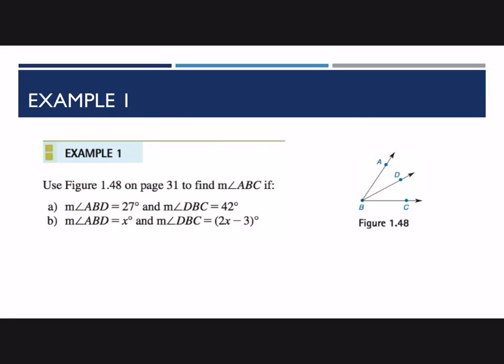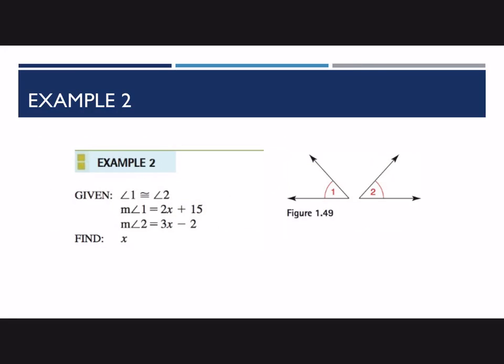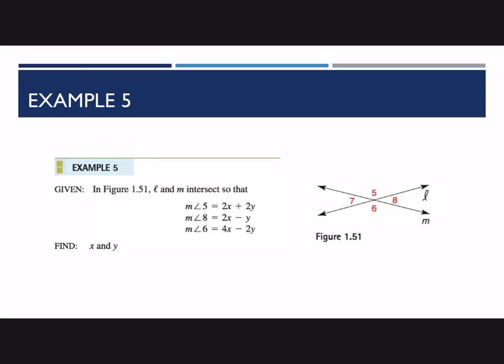And then there are some examples in the textbook. I won't go through all of these. You can read through the steps yourself, but these deal with algebraic problems based on these angle relationships. The setup for number 5 is interesting. I just want to point out, if you're solving for x and y, then if we're trying to use equations, we have two variables, so you're going to need two equations.